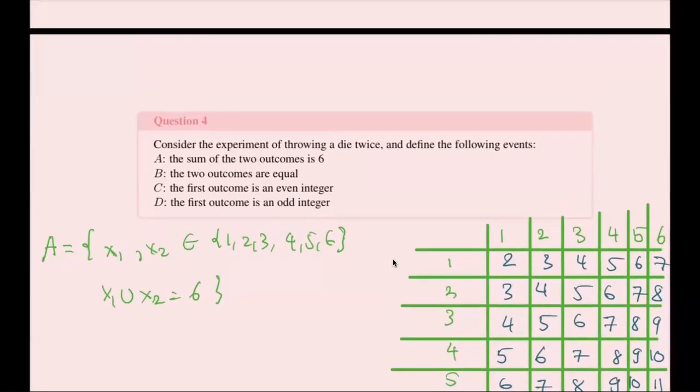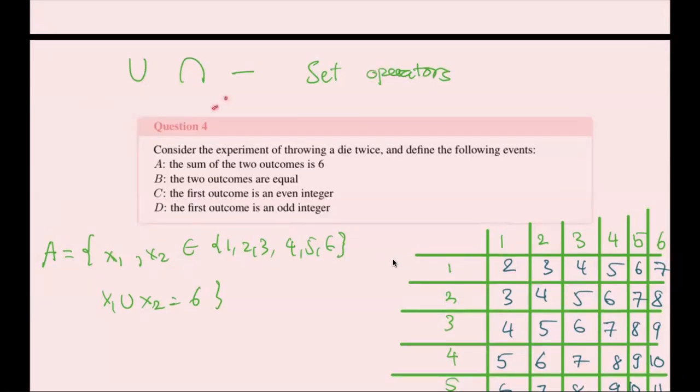Yeah, the thing is, I want to clarify this one: these are set operators. What does it mean? It means that the left-hand side and the right-hand side of it have to be sets. For example, you can say set A union set B, but you cannot say number 1 union number 2.